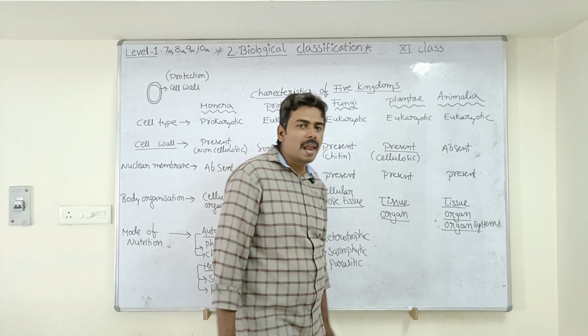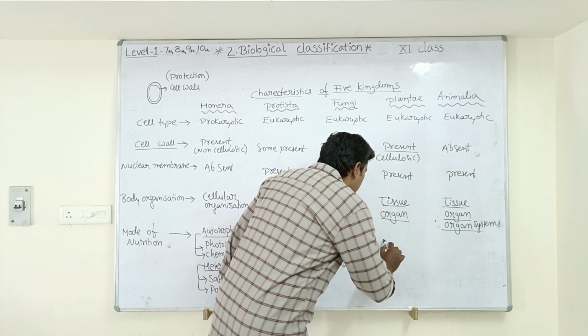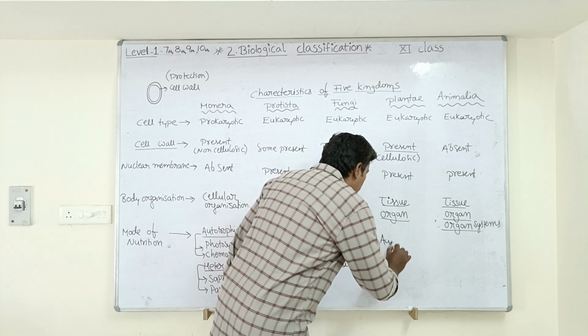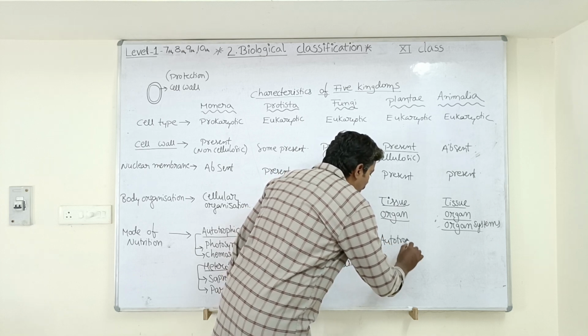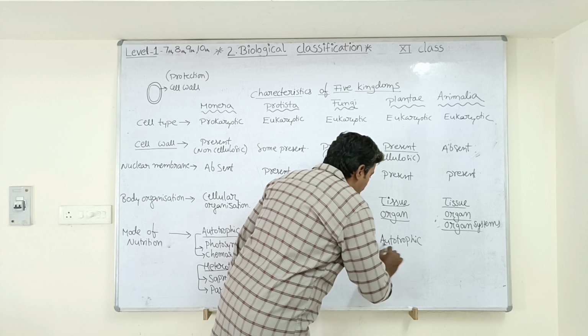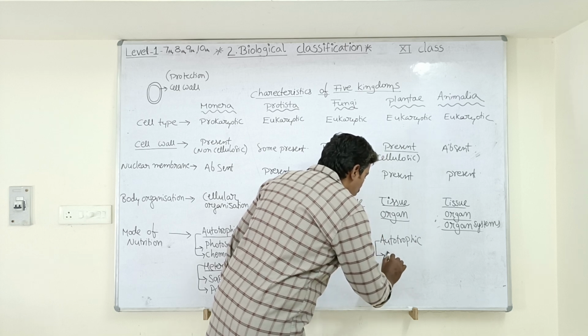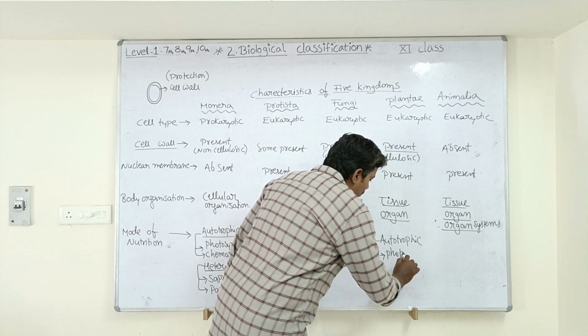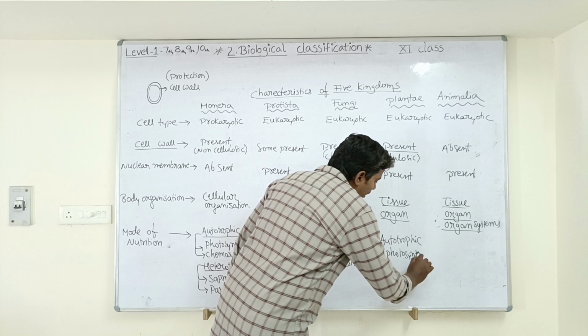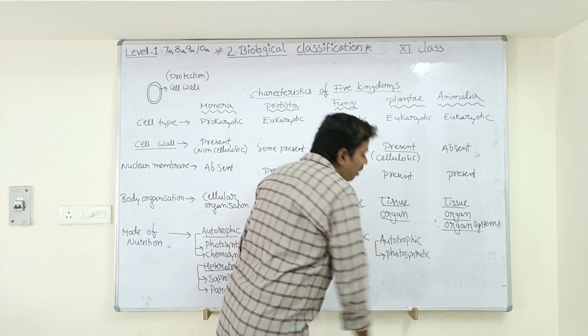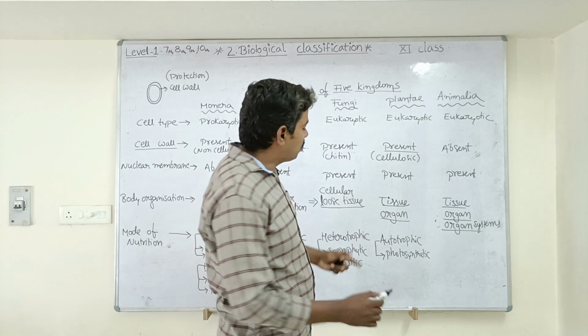Next, coming to kingdom Plantae, all the organisms are autotrophic. Which type of autotrophic? Photosynthetic. That means they prepare their own food by photosynthesis.